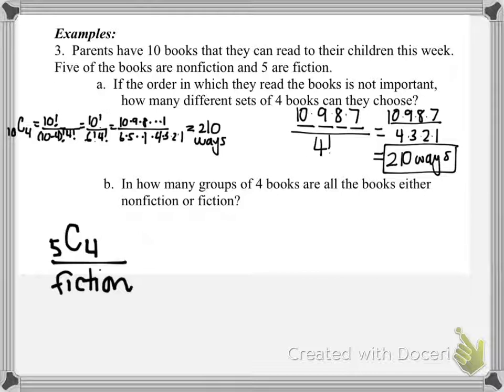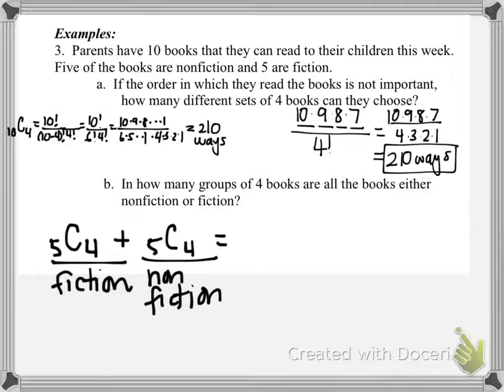But you have to understand that it's a separate event if you decide to pick fiction. So you want to then add the number of ways to pick the fiction books, and again there's 5 fiction books and 4 that you want to choose. If you plug it into the formula, which I'm not going to write out, it does come out to be 5 plus 5, which means in this case there are 10 ways.